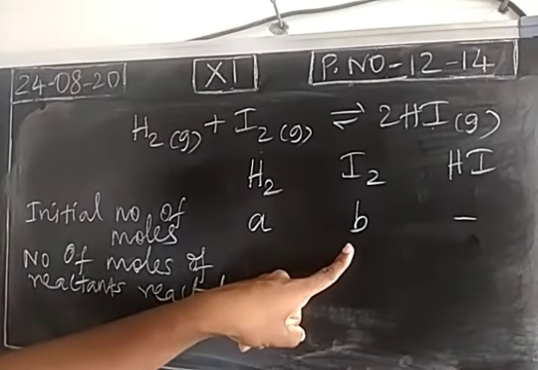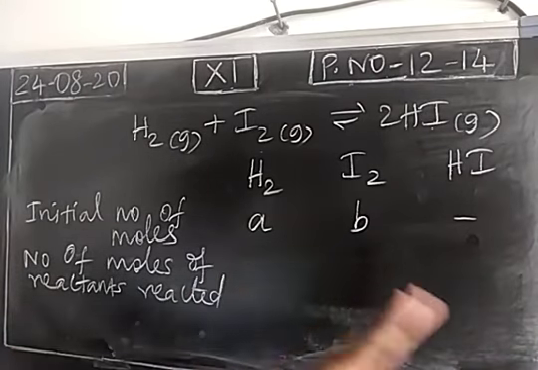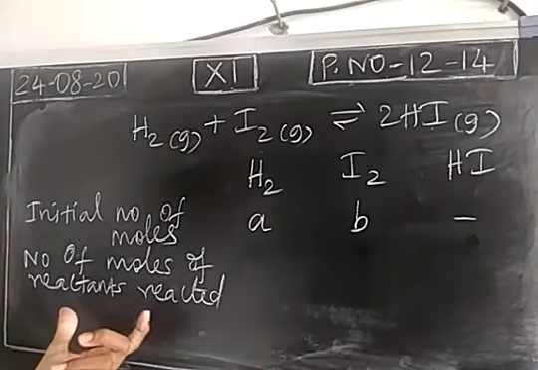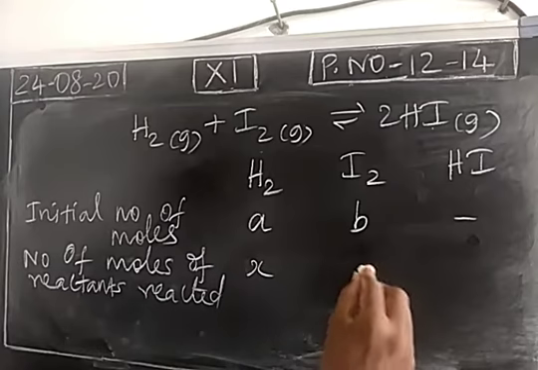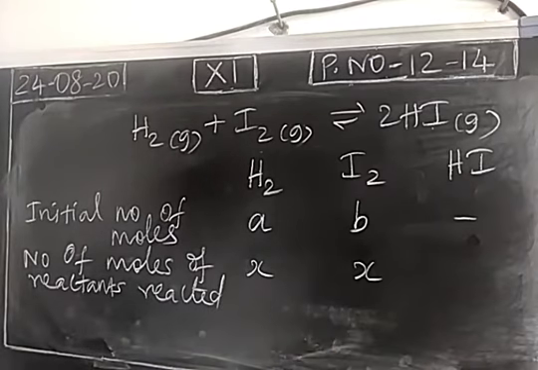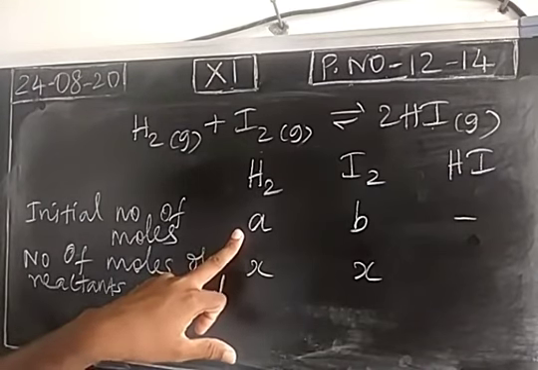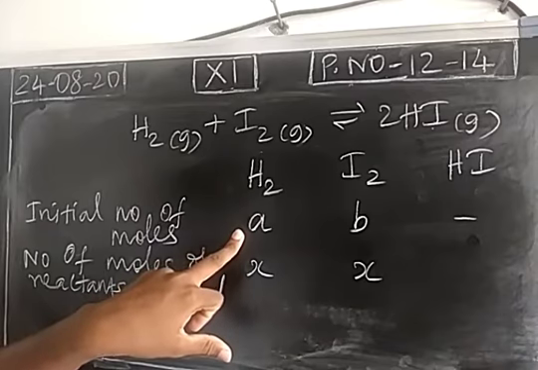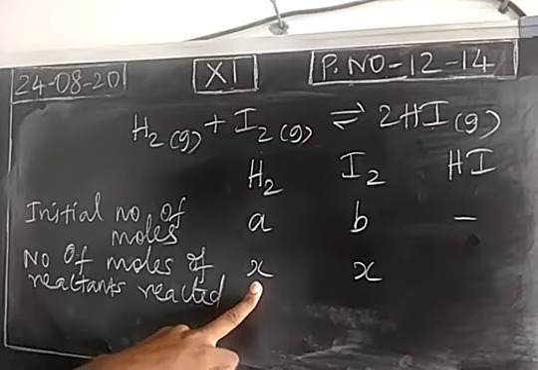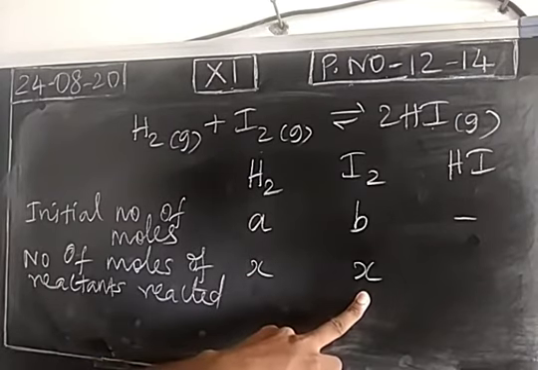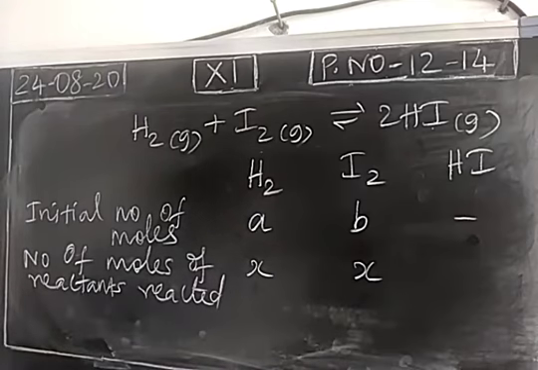From the initial B mole of iodine, how many moles are converted into the product. So the number of moles of reactants reacted is assumed as X. So we assume that out of A mole of reactants, only X mole of hydrogen is involved in the reaction, and X mole of iodine is involved in the reaction to produce the product. So that is how many moles of reactant involved in the reaction are converted into the product.